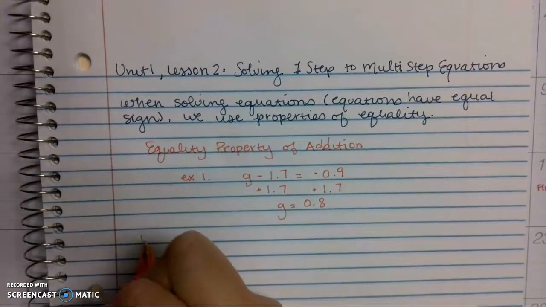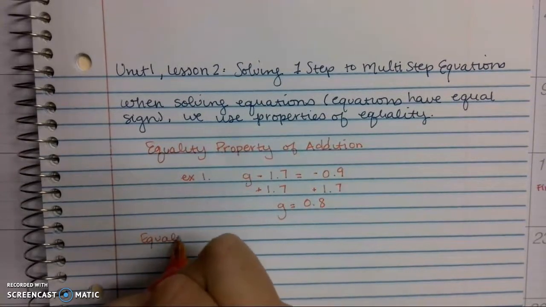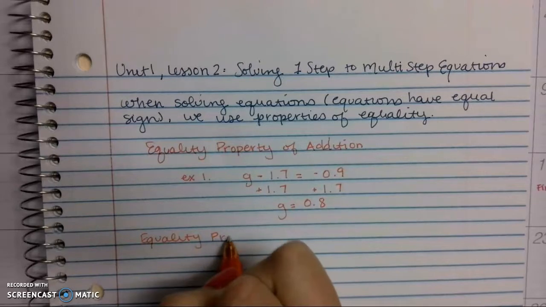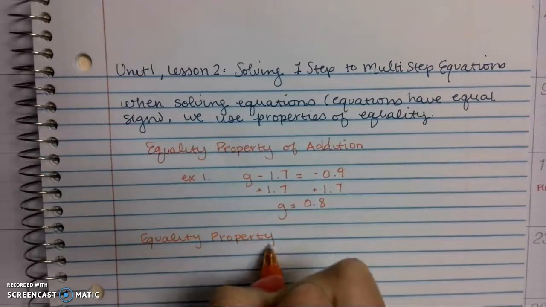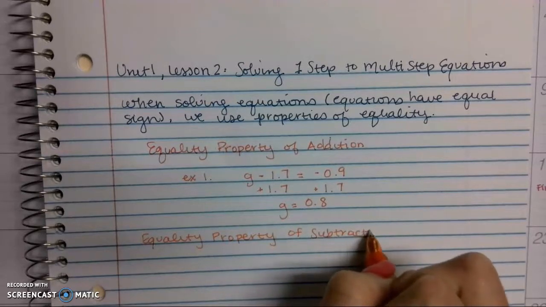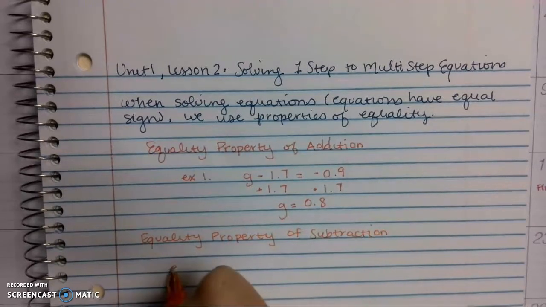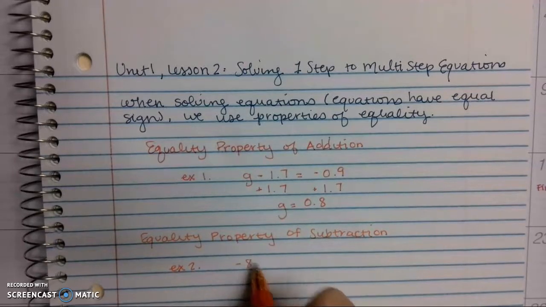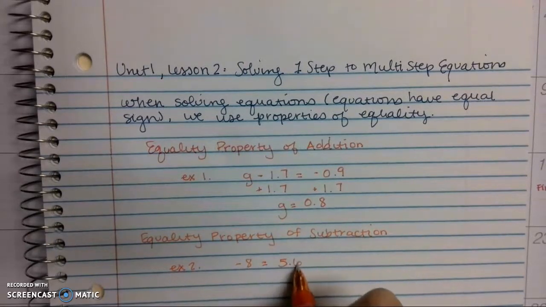Time to switch it up. Now we're going to go to subtraction. So we have the equality property of subtraction. This will be example number 2. We've got negative 8 is equal to 5 6/10 plus z.